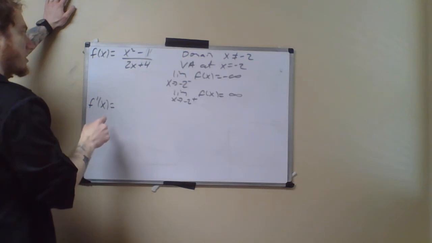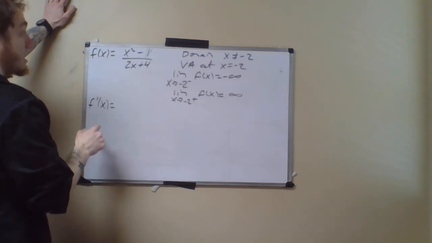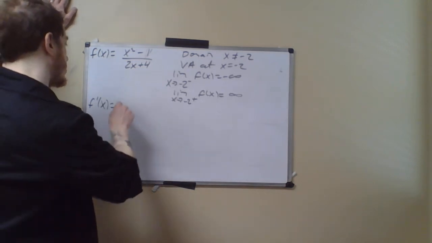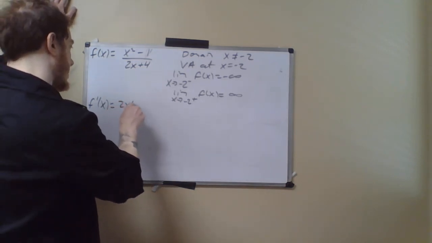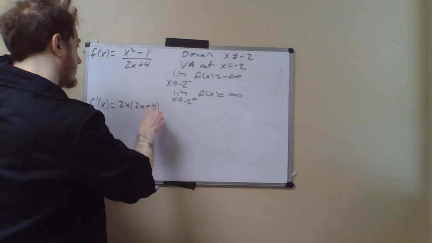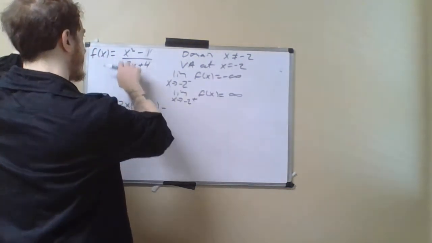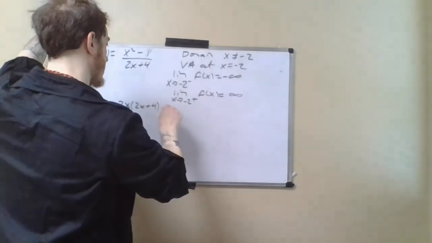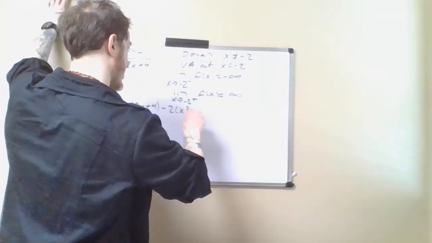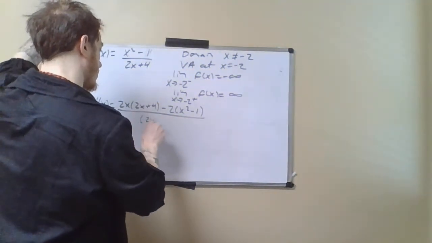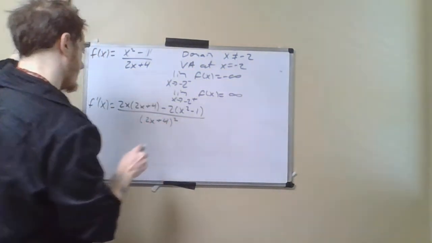F prime is going to be equal to, now I do need to use the quotient rule here. So remember, this is f prime times g, so 2x times 2x plus 4, minus g prime times f, so that's minus 2 times x squared minus 1, and all of that is going to be divided by 2x plus 4 squared.